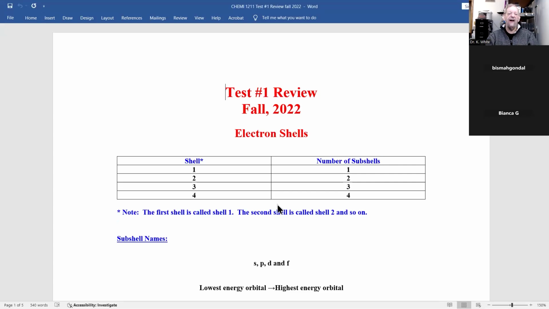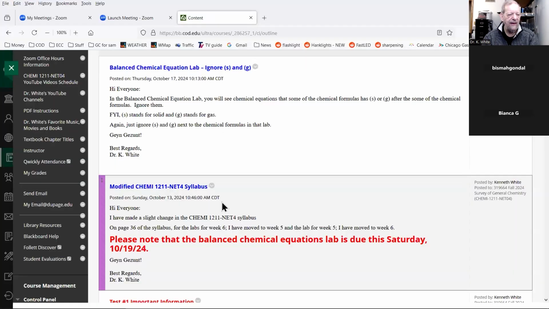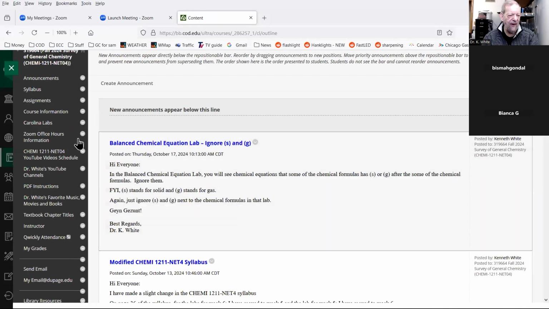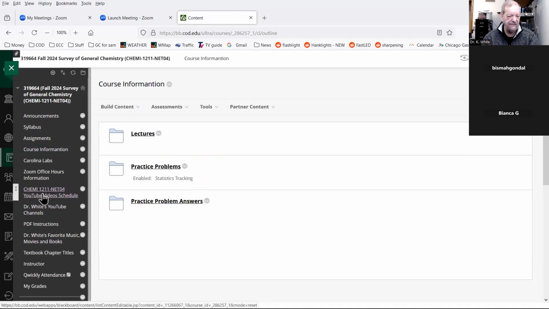All right. Even though it says fall 2022, it's valid for this semester too. If you go to Blackboard, on the left you see course information.